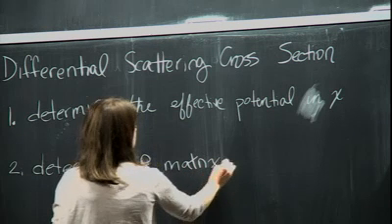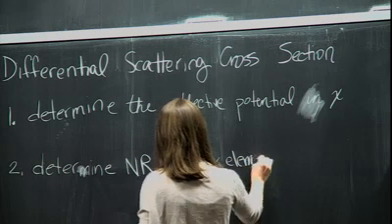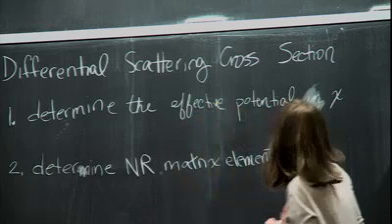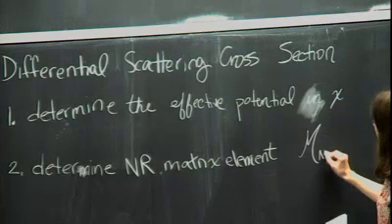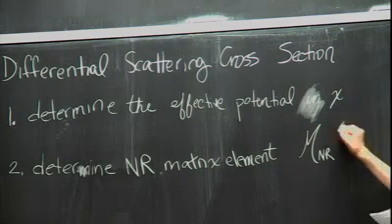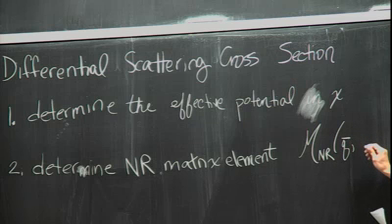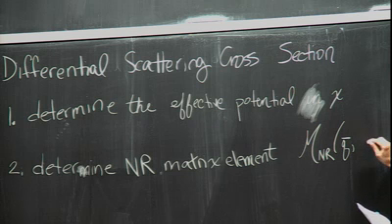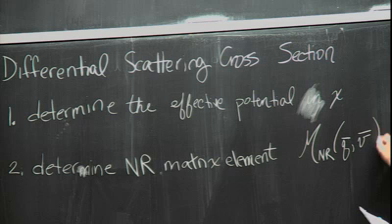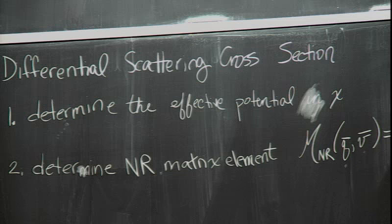The way you can relate the two is through the first order Born approximation. So my non-relativistic matrix element, which is a function of, now we're going to get Q is used for more than one thing, so this is position, and velocity, is just the Fourier transform of the effective potential. So this is just the Born approximation.